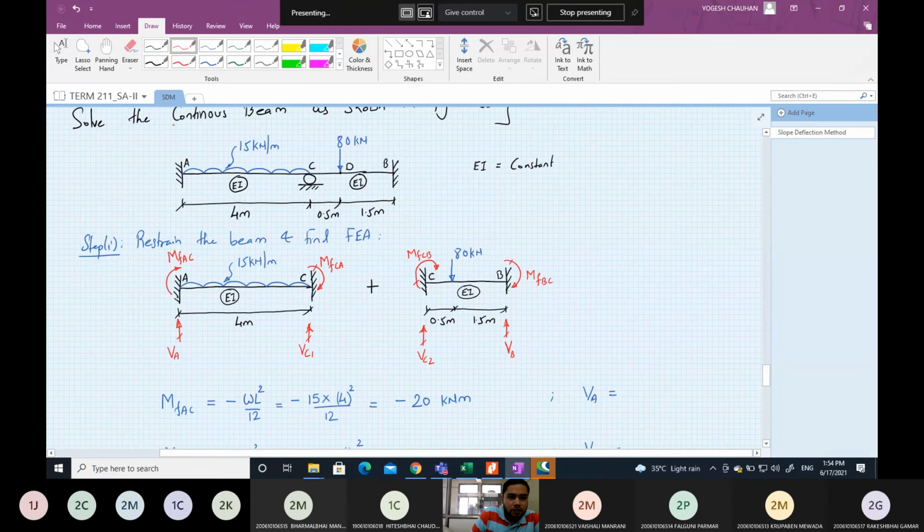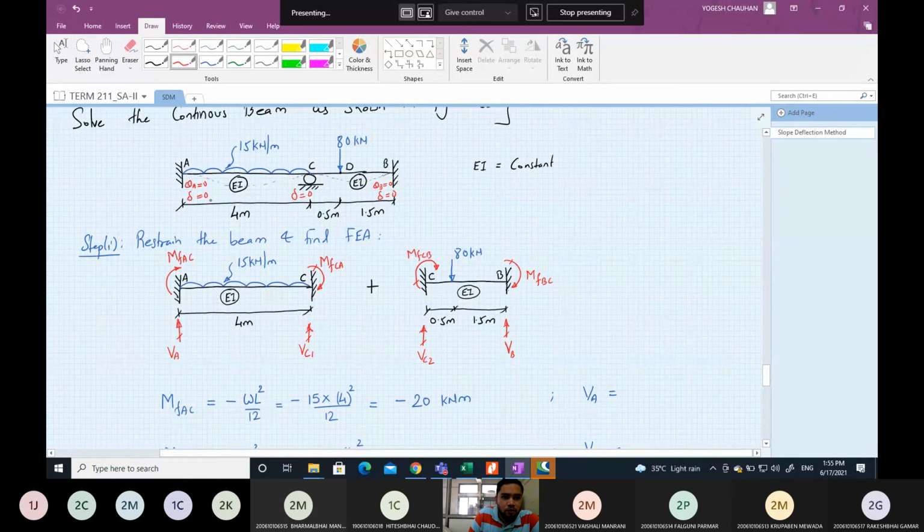Looking at this, your deflected shape would be like this. For this case, you have theta A equal to 0, delta is 0, theta B equal to 0, delta is equal to 0.